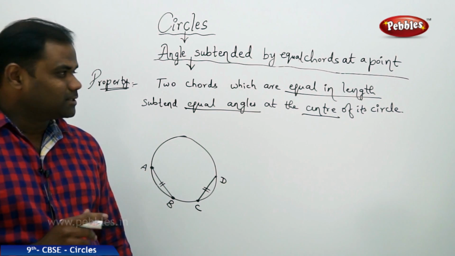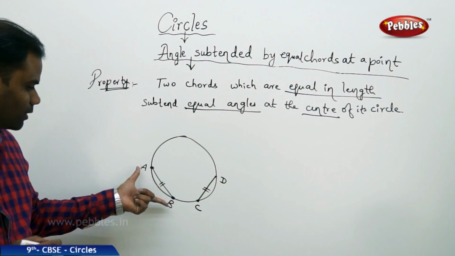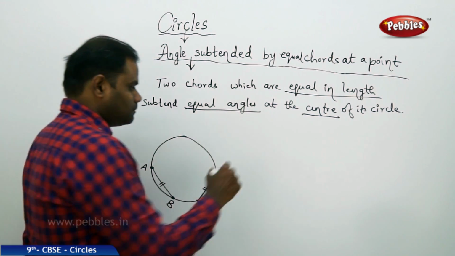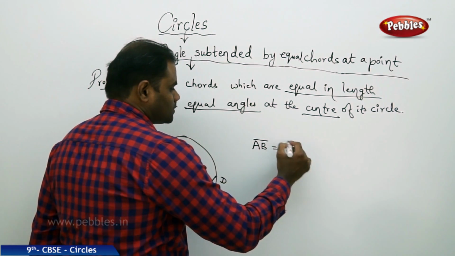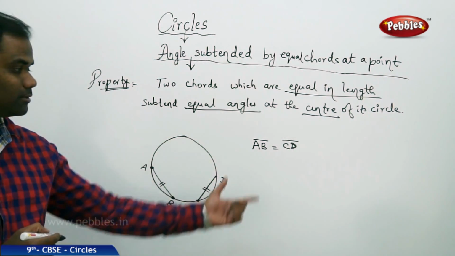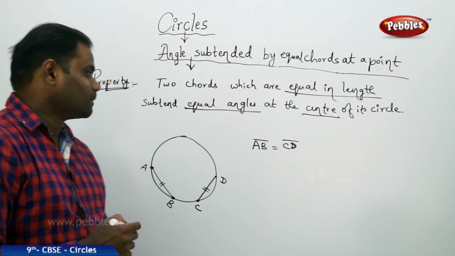So with the first condition that the chords are equal in length, I have chosen the chord AB and the chord CD which are equal in length. That is, AB equals CD is the first condition which I take into existence. Chord AB equals chord CD.